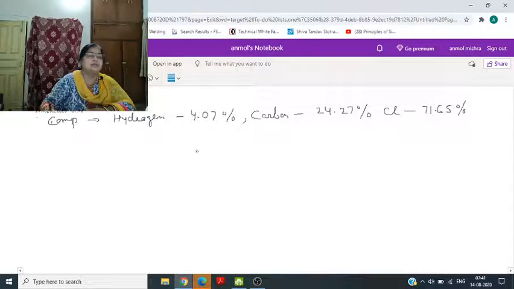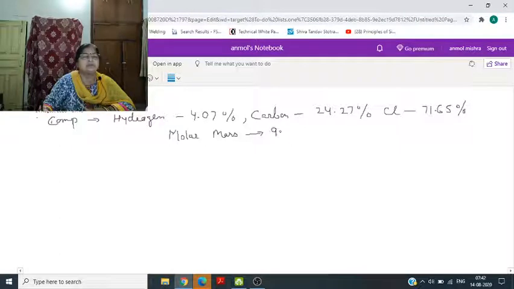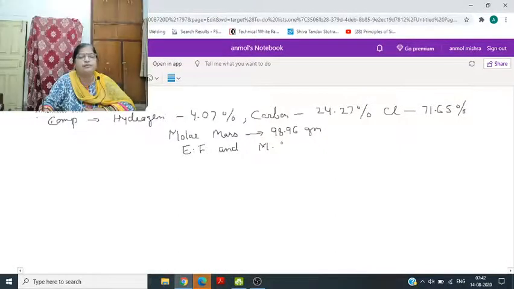And the molar mass of the compound is given to you as 98.96 grams. Now we have to find out the empirical formula as well as the molecular formula.